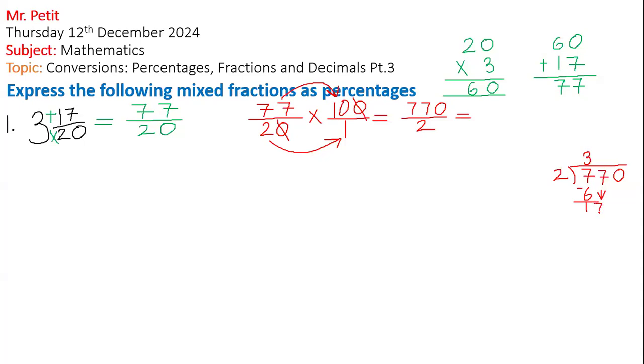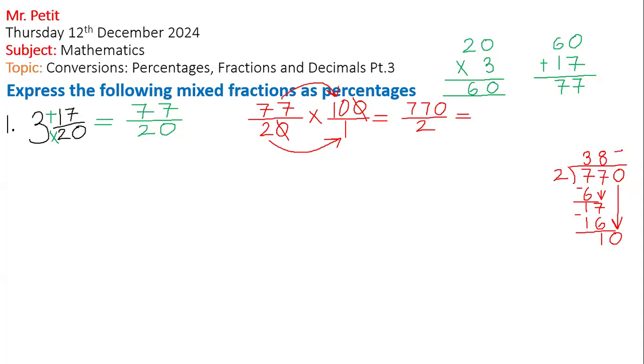How many times does 2 go into 17? 8 times. 2 times 8 is 16. Very good. 17 minus 16 is 1. We bring down the 0. How many times does 2 go into 10? 5 times.